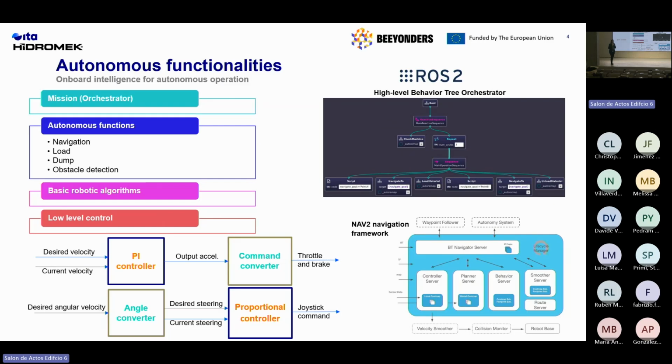Other algorithms like data pre-processing, and then general autonomous functions involved in any autonomous system, like localization, mapping, navigation, obstacle avoidance, and other functions more specific to the tasks that the machine has to develop, which are the load and unload maneuvers. And then we have also developed an orchestrator, a mission planner that is in charge of activating the different processes at the correct moment during the execution of the complete task.